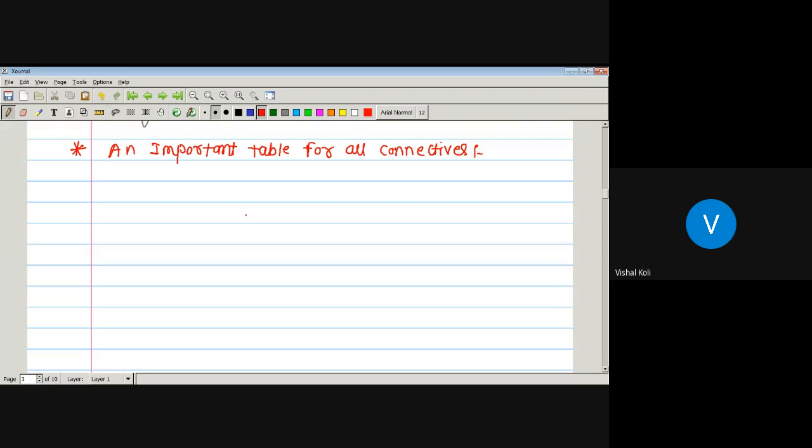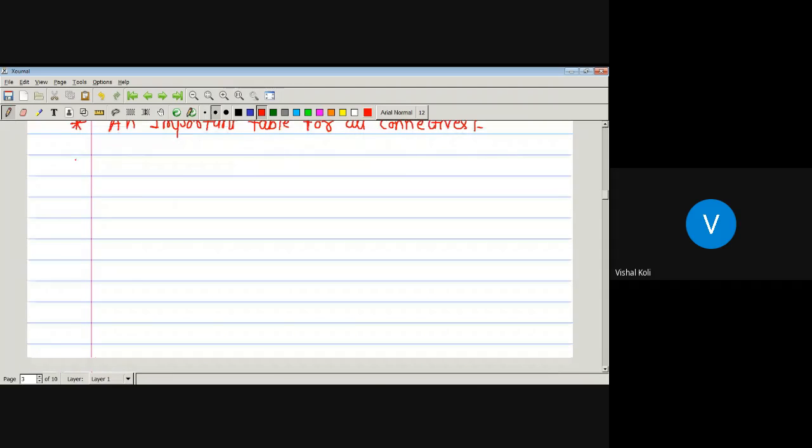Okay, now first we'll find one table. Take P, Q, negation of P, P and Q, P or Q, P conditional Q and P biconditional Q. Here we have to find the truth table in which there are all connectives.